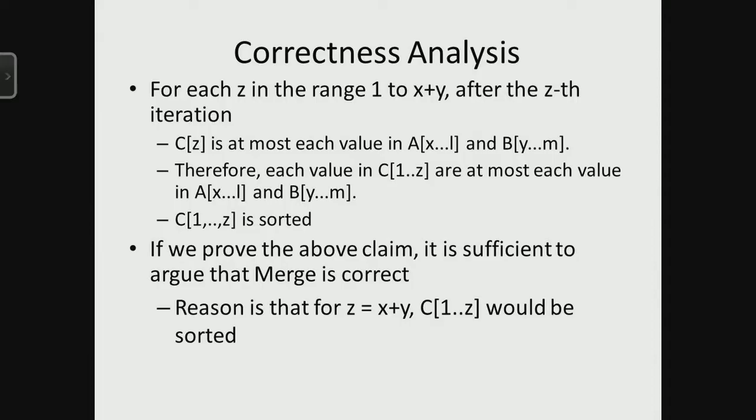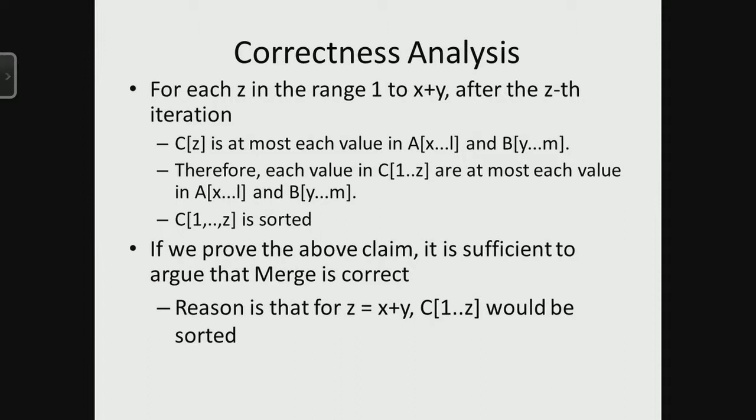C of z is smaller than all the values in the array A among the indices x to L, and it is smaller than all the values in the array B among the indices y to m.